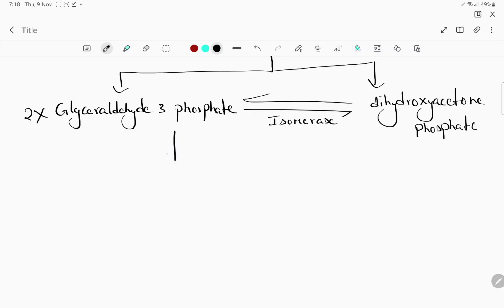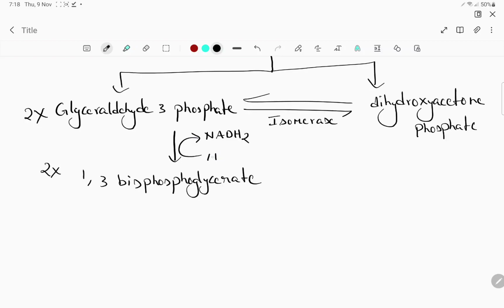Now it is converted to 2 1,3-bisphosphoglycerate, or glyceric acid. Here 2 NADH2 are produced from NAD plus.